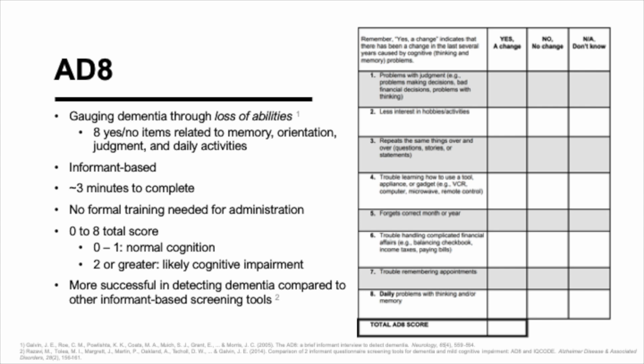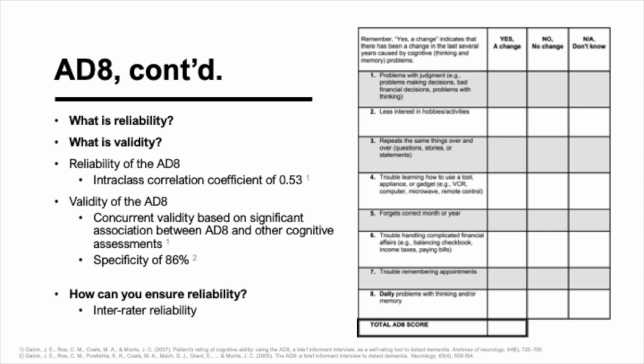You may want to be doing some further evaluation. But any score that would be 0 to 1 would be normal cognition likely. So this has also been more successful in detecting dementia compared to other similar informant-based screening tools. And I'm briefly going to touch on how we determine if this is an adequate tool to evaluate dementia on the next slide.